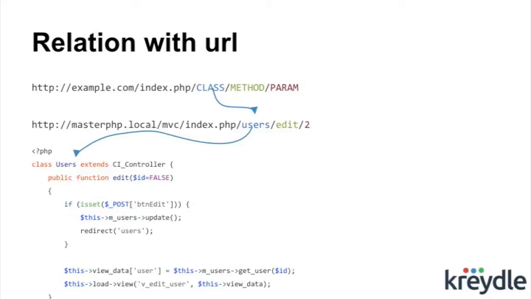Let's say you have users detail, and then you create a new users detail controller, and then we can proceed with the rest. Okay, this one is the class name. Where is it? Over here. But there is no capital or lower letter distinction, so you can use anything you want. In URL usually we use small letters.